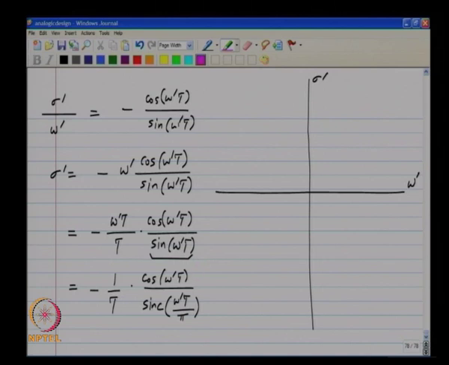Now, before I plot the whole curve, I will plot cos and the sinc individually. And we know that both the cos and sinc are symmetric about the y axis.